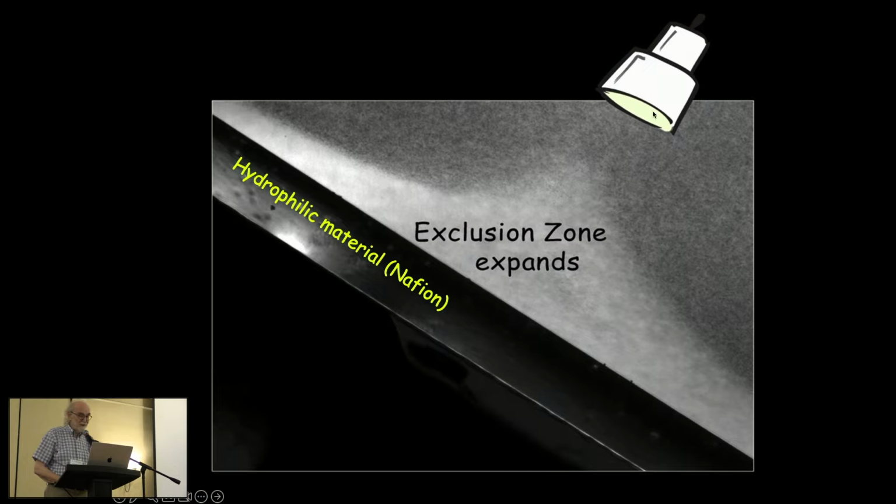This is obviously an artist's conception, but he had a hydrophilic material, Nafion in his case, and generally you can see the exclusion zone here and the microspheres here, and generally the boundary between these is parallel to the boundary of the nucleating material, but where he was shining the light, it was growing. And so he called me in, and I was amazed to see.